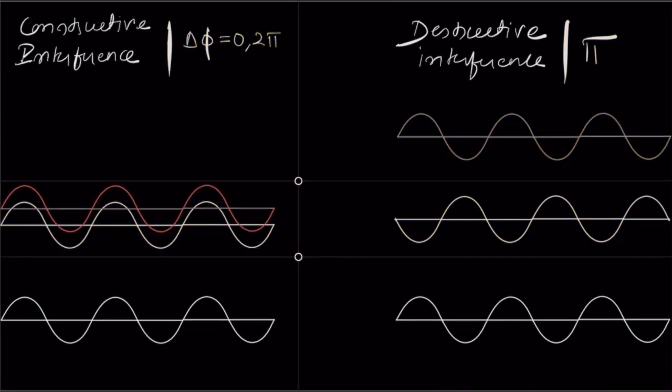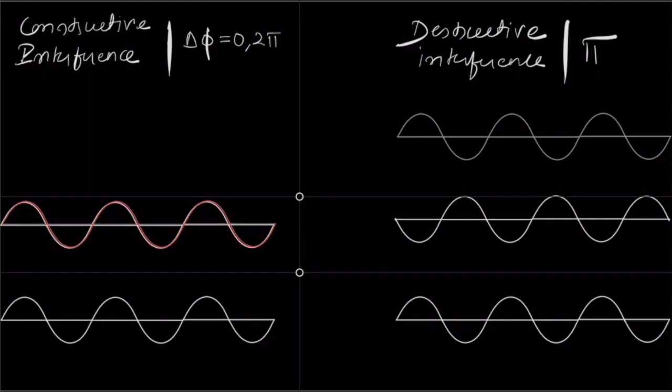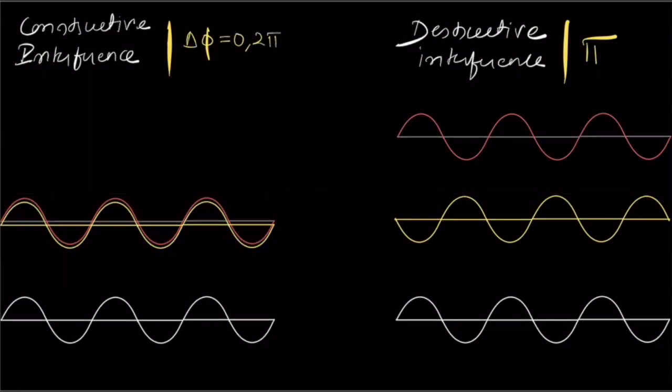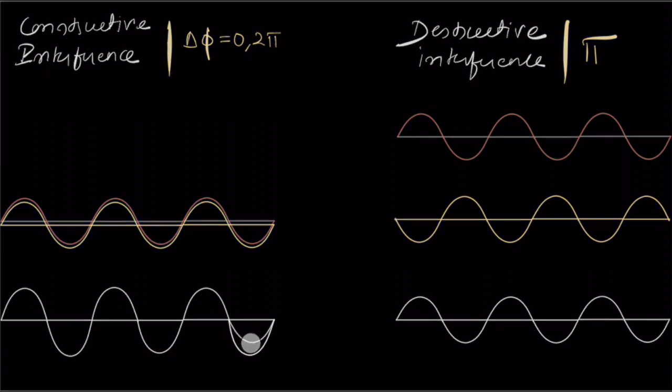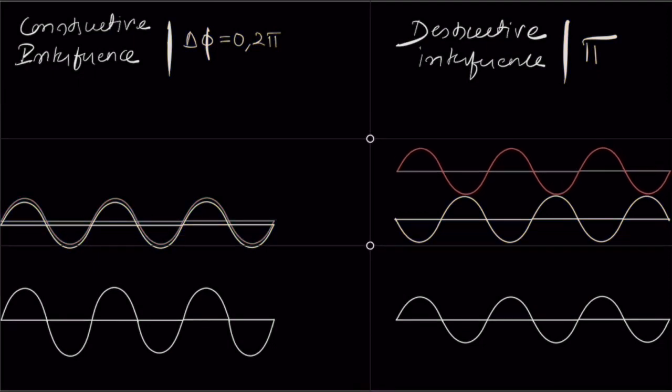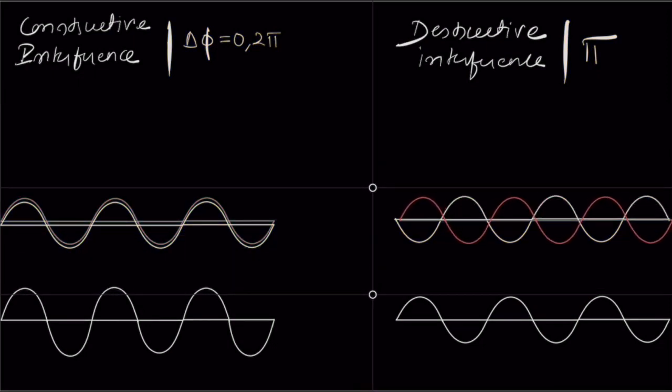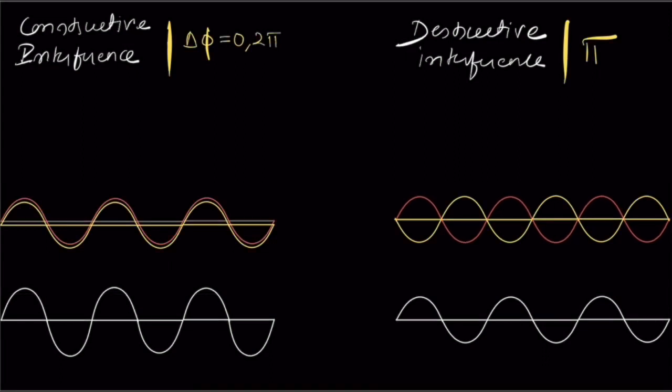If we superimpose them, we will get the results. The crest is superimposing on crest and trough on trough, so we will get brightness. The amplitude, or height, of the wave will increase. The resulting wave is shown in white. This will be the result when these waves with a constant phase difference of 0 meet. But in this one, if you superimpose it, you will see the crest of one wave is meeting the trough of another wave.